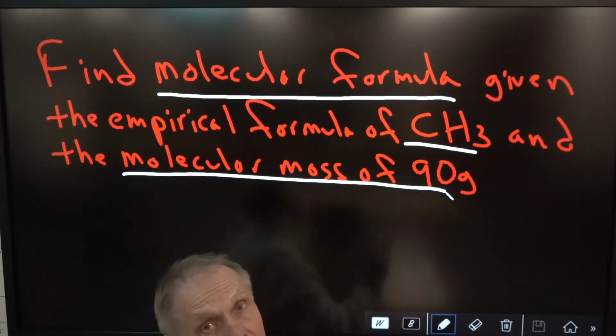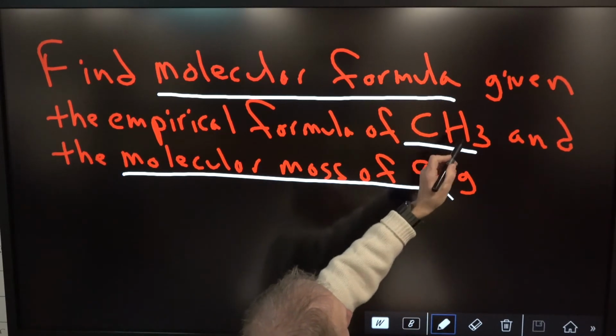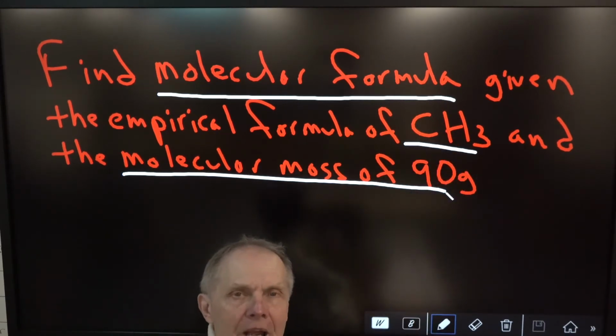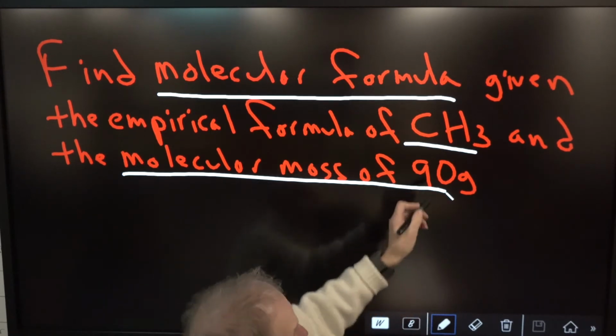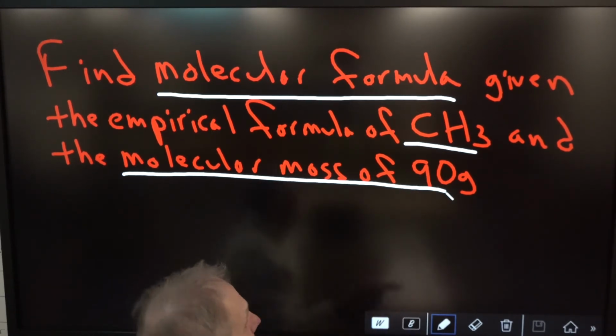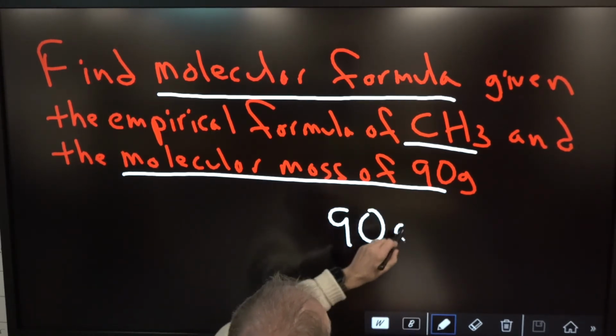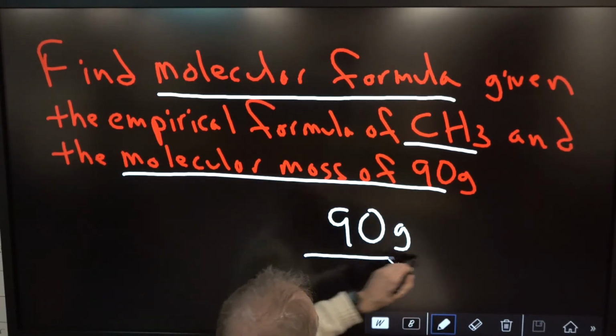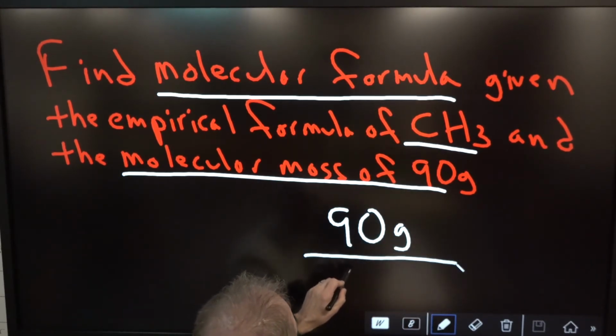So find the empirical mass. That's 12, 13, 14, 15. So the empirical mass is 15. The molecular mass is 90. So all I do is I take the 90 grams, that's the molecular mass, divide it by the empirical mass, which is 15.